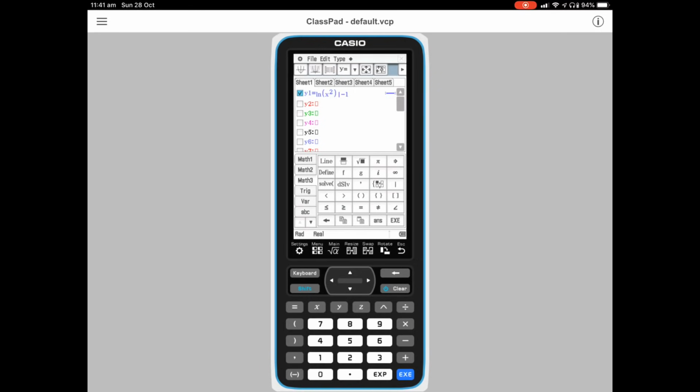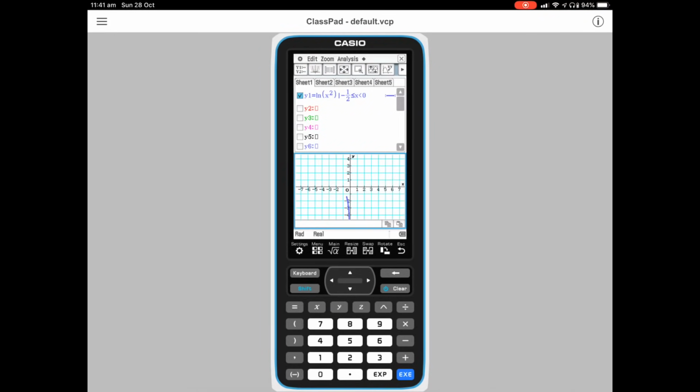So negative 1 half is less than x, which is less than 0. So that's negative infinity to whatever that value is. And then the other one was from 0 to 2. Can't be equal to 0.